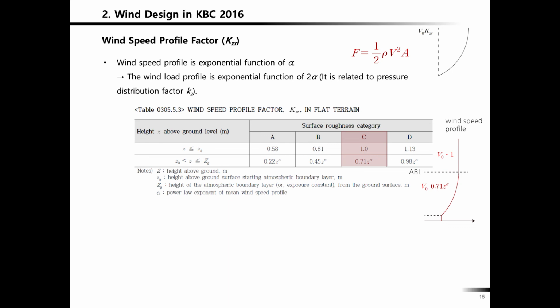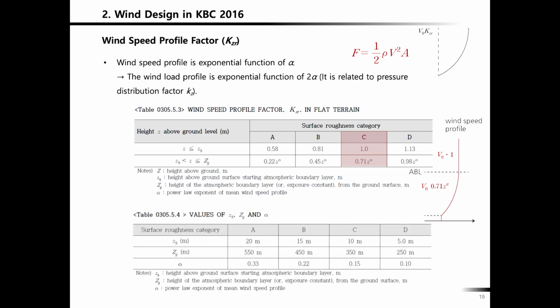It's not exactly looking like an exponential function like this, and it's not exactly 0. Up to 10 meter height, from ABL to 10 meter, you follow this expression. ZB is at 10 meter, which is the point where you have a constant value below that. For surface category B it changes to 15 meter, and for A it's 20 meter.